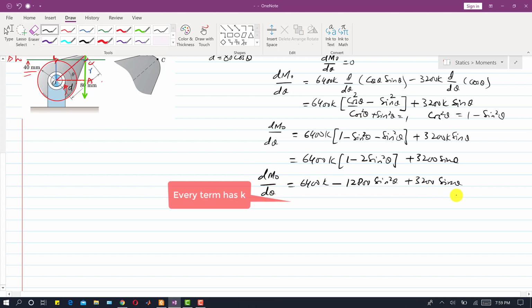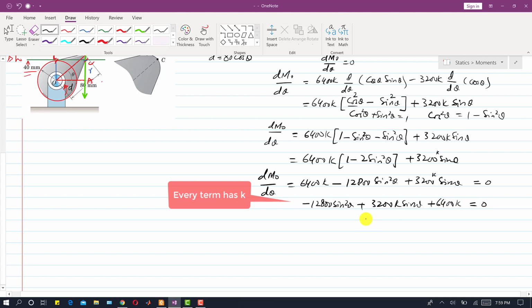To find θ for maximum moment, we will equate this to 0. So let me arrange this. Here we have missed K, so there is K as well: minus 12800K sin²θ plus 3200K sinθ plus 6400K equal to 0.